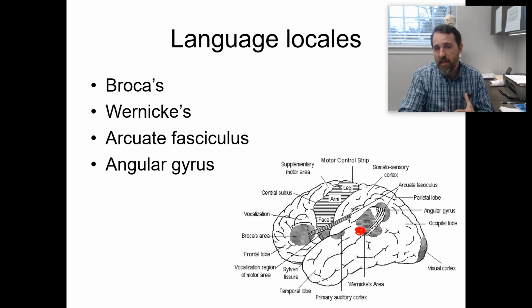His repetition is going to be pretty good because the arcuate fasciculus is intact. And he's going to be producing verbal language like nobody's business. So this would be transcortical sensory aphasia. Any aphasia that has the word transcortical in it, that means repetition is preserved.